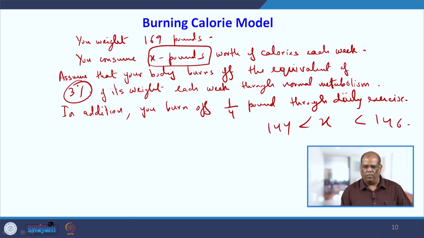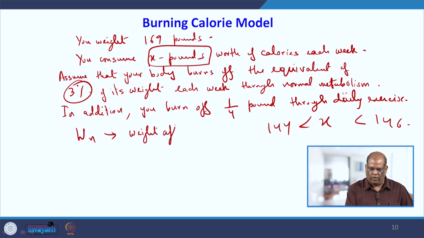So, if you want to formulate this model, let us define Wn, that is the weight after n weeks. The calories you consume is x and W0 is your initial weight.